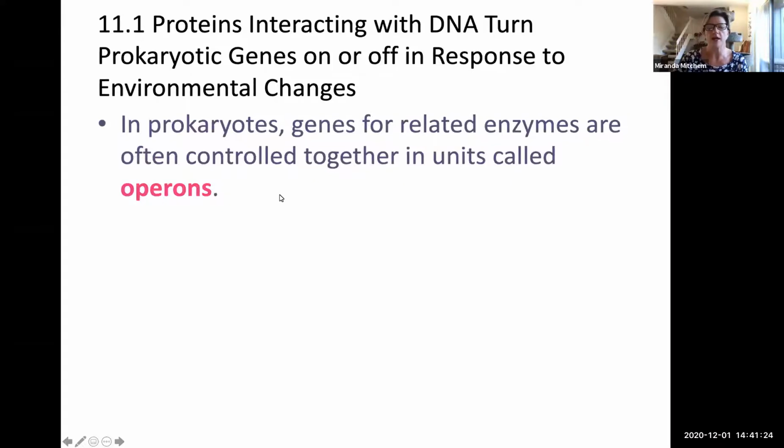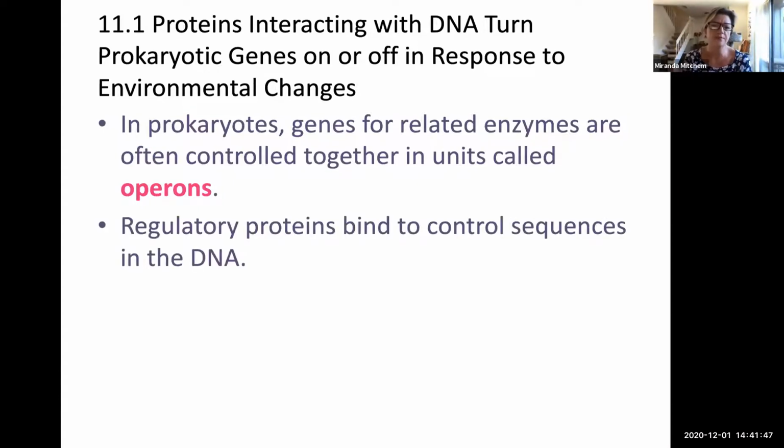Here's the word for it. And this is actually a group of different genes that are associated with the production of a certain product. So everything is linked together to produce these products that are needed by prokaryotic organisms, such as bacteria.